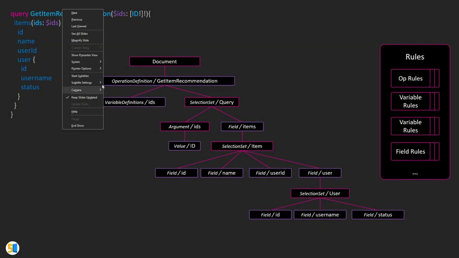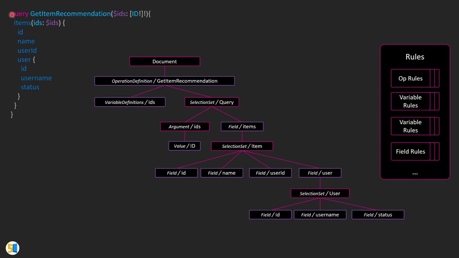On the left is the query that we have, and in the center is the tree representation of the query, right? So basically, the process of validation is walking through the AST that we have, and we can picture that as a tree.